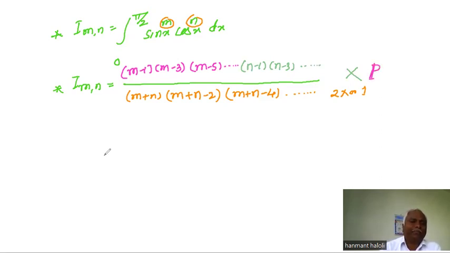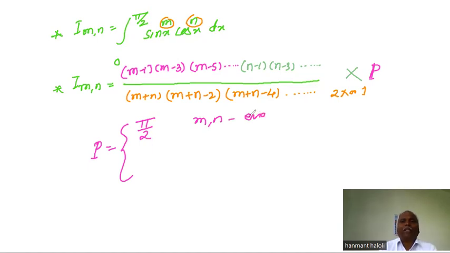Very important concept: p has two ranges. If both m and n are even numbers, then p is pi by 2.